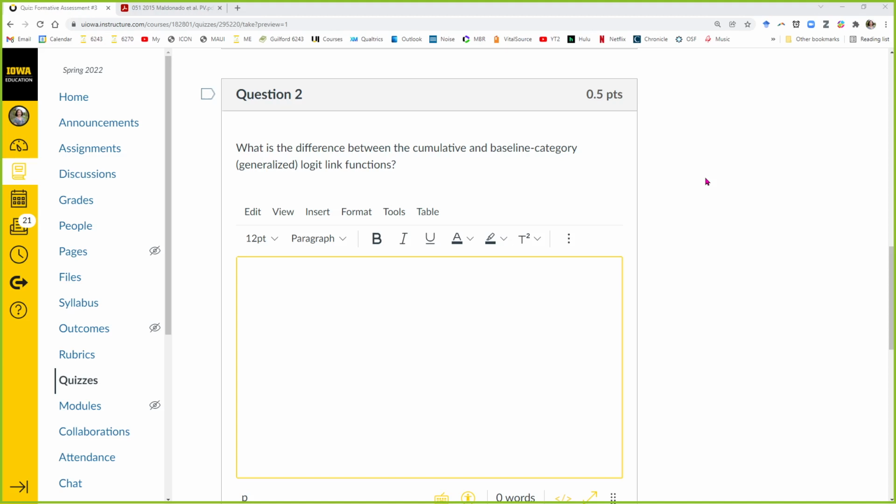An ordinal response format, it would be 1 versus 2, 3, 4, 1, 2 versus 3, 4, or 1, 2, 3 versus 4 as the binary submodels. So that only makes sense for outcomes that have a natural order in which lumping something together is a reasonable thing to do.